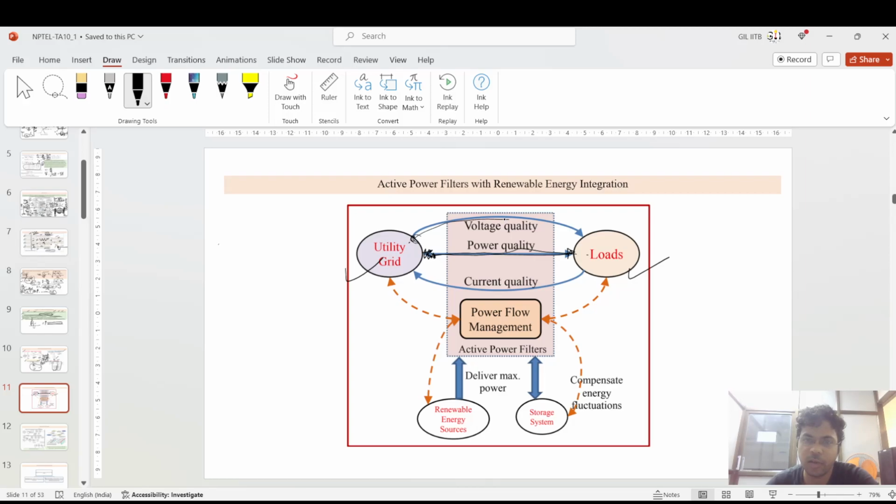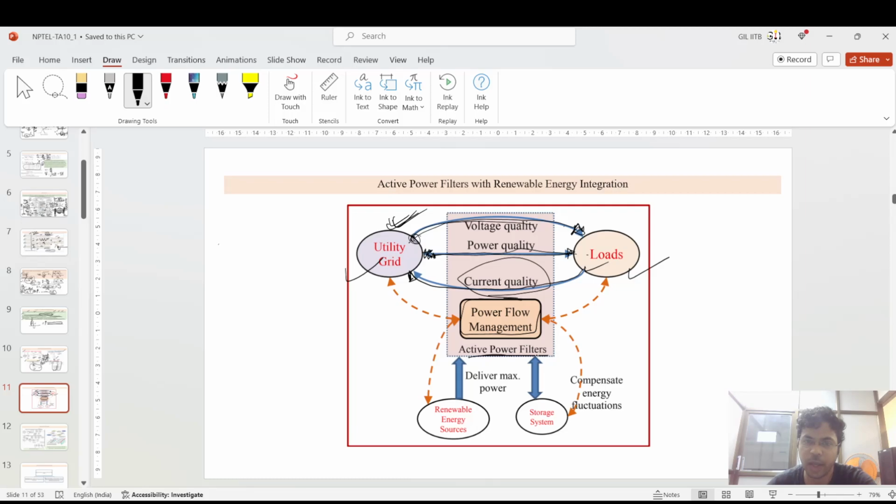The voltage quality of the utility grid is reflected into the loads, so the voltage mechanism being controlled has parameters linked with the utility grid. The current quality is defined in terms of the loading conditions. The load injects harmonics into the utility grid, but the voltage quality goes from the utility grid to the load side.